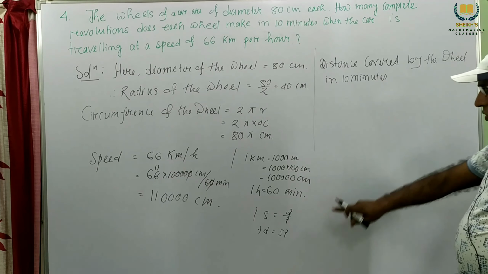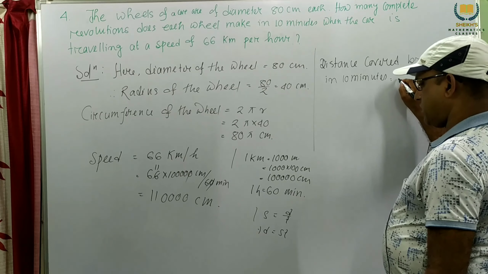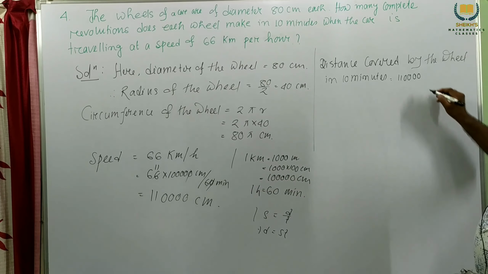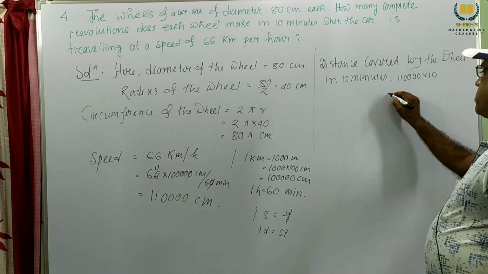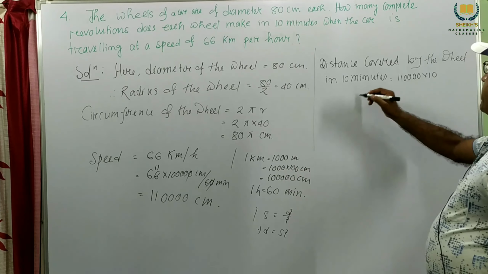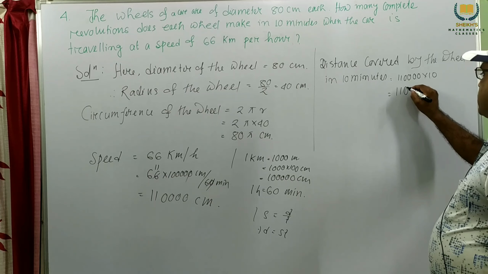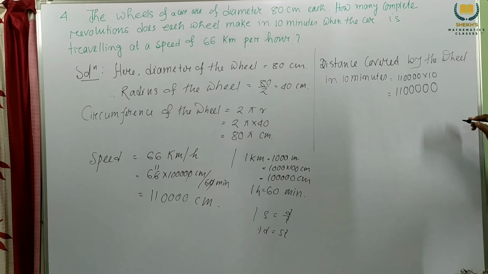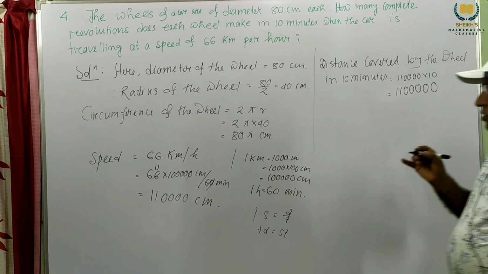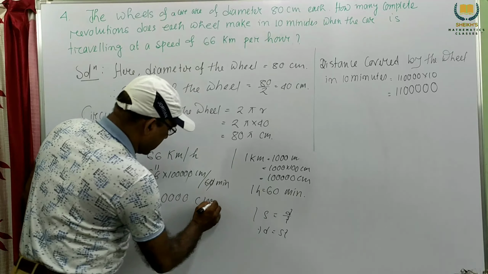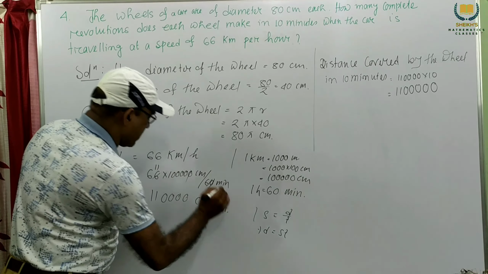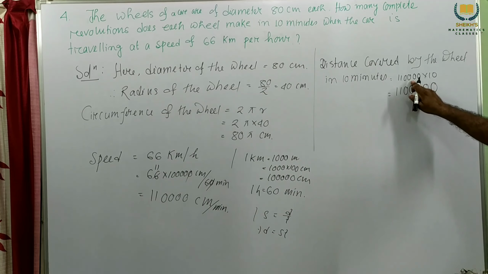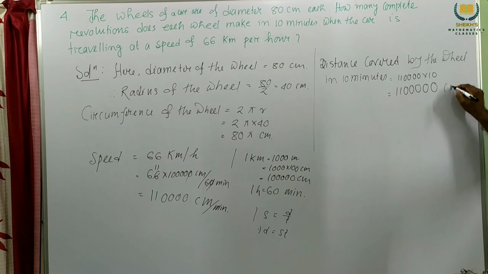And distance equal to, we know, speed into time. So this is 110000 into time, which is 10 minutes. So distance covered by the wheel in 10 minutes equal to 110000 centimeter per minute into 10 minutes, and this minute cancels, we get centimeter.